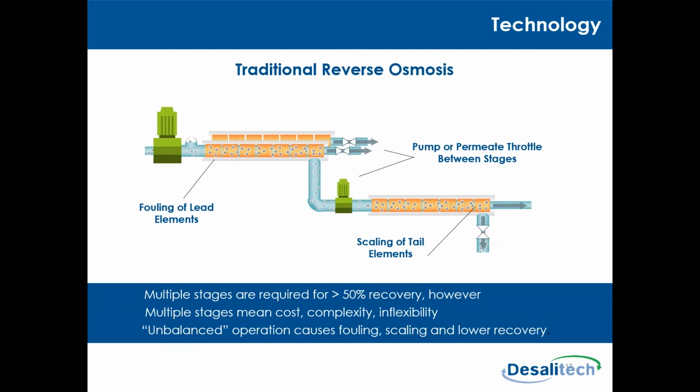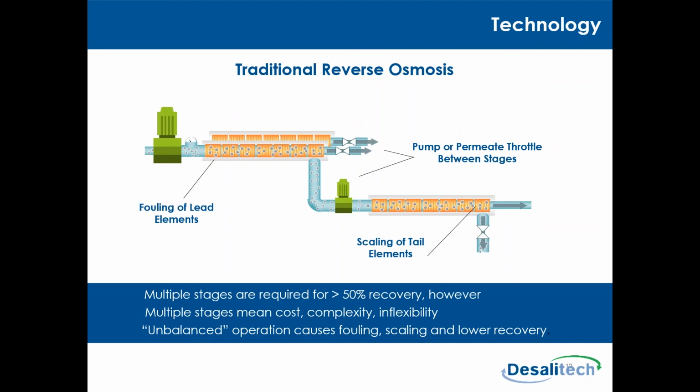Here's how RO membranes are configured, and this is consistent with the illustration that David gave: if you need to go to more than about 50% recovery, you need to do that with multiple stages. With additional stages, you need to add some means to balance flux between stages. You can see this goes from 2 pressure vessels down to 1.